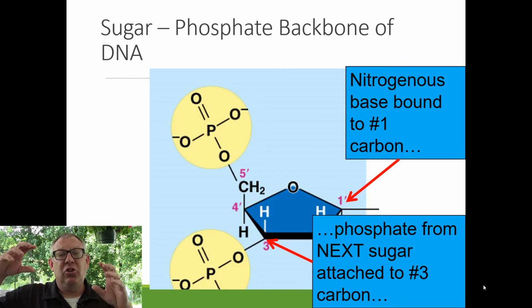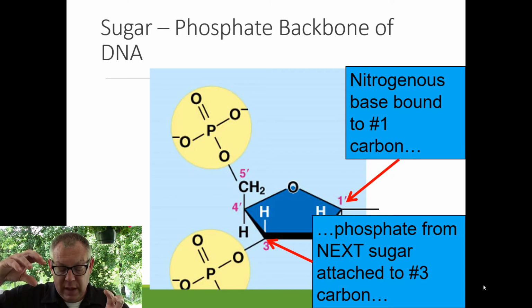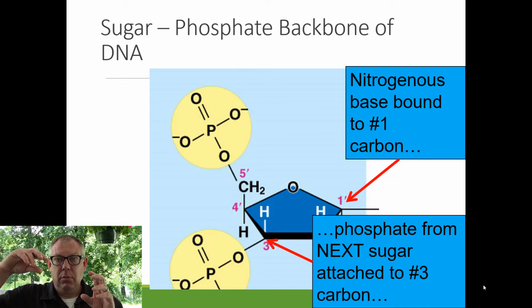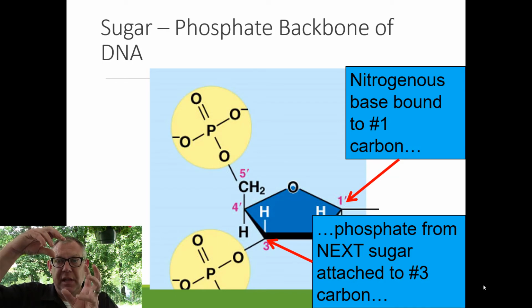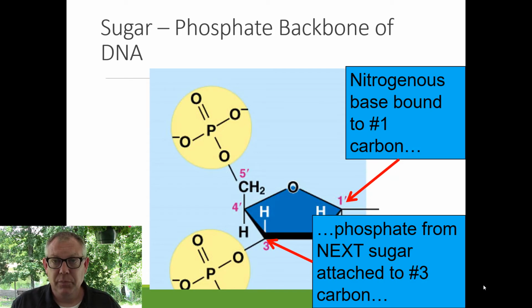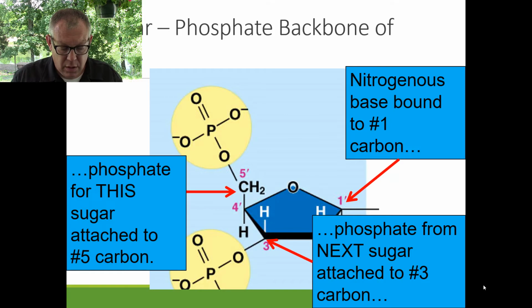When we're joining 2 nucleotides together, the new nucleotide joins at the 3 prime carbon. So when that new nucleotide comes in, it's going to attach to the 3 prime carbon, and then the phosphate that goes with this sugar is attached to the 5 prime carbon.